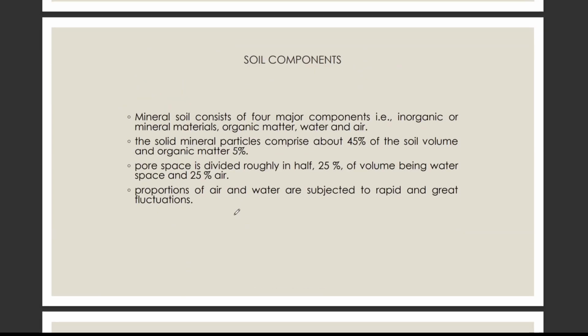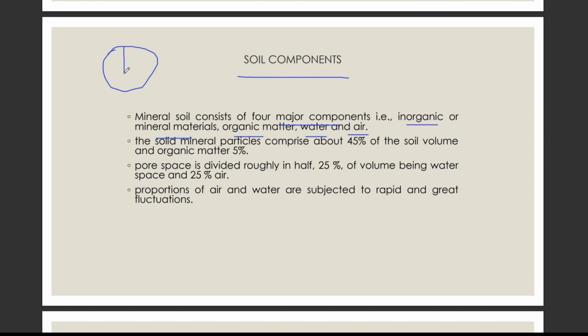After that, we have the soil components. Mainly soil consists of four major components: inorganic or mineral materials, organic materials, water and air. If this is soil, and we create a round surface, then this part is solid space and this is porous space.